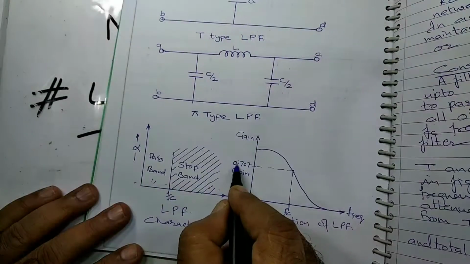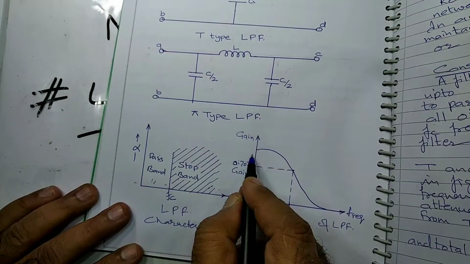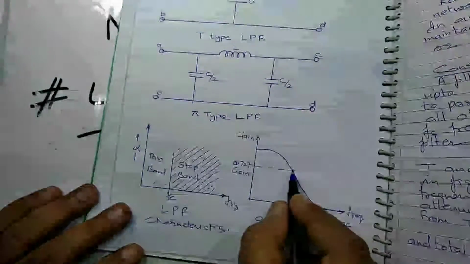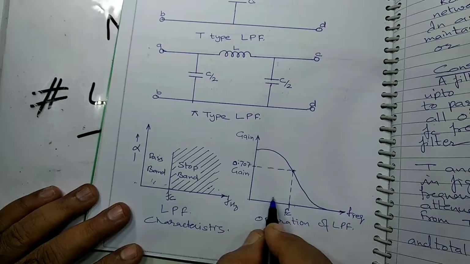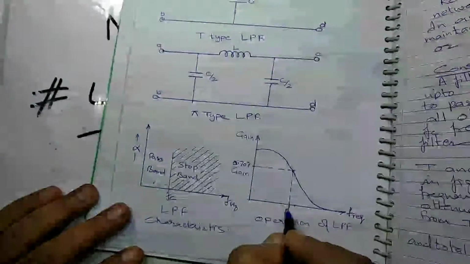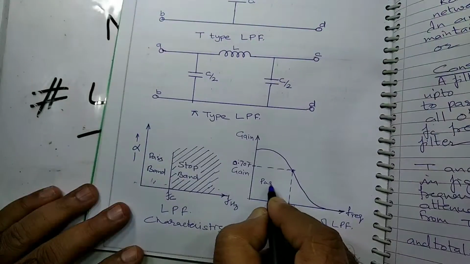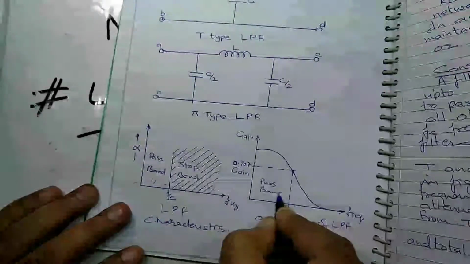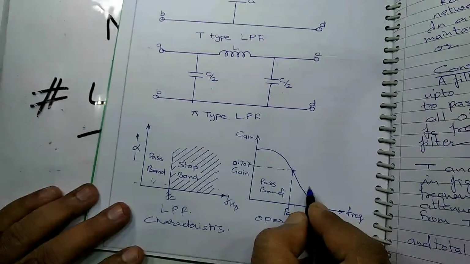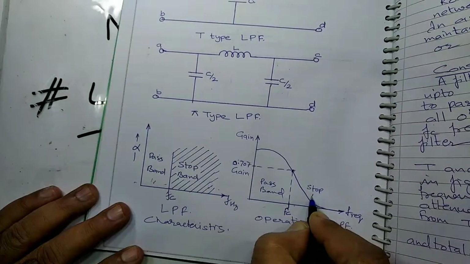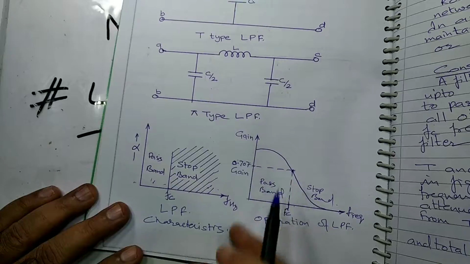Now 0.707 of the actual gain is taken as the cutoff frequency. So below the cutoff frequency is the pass band and above cutoff frequency is the stop band.